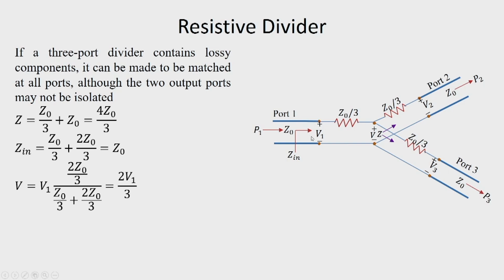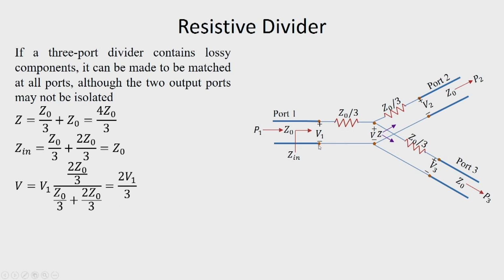So, by circuit theory, now we can write, we have already seen, if we look from this point, the input impedance is Z parallel Z, that means Z by 2, that means 2 Z naught by 3, and the voltage division takes place: V equal to V1 into 2 Z naught by 3 divided by Z naught by 3 plus 2 Z naught by 3, and this becomes equal to 2 by 3 V1.